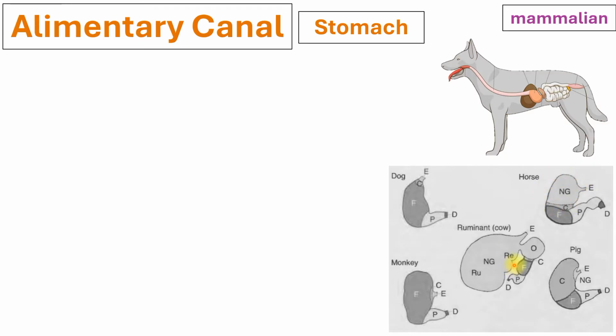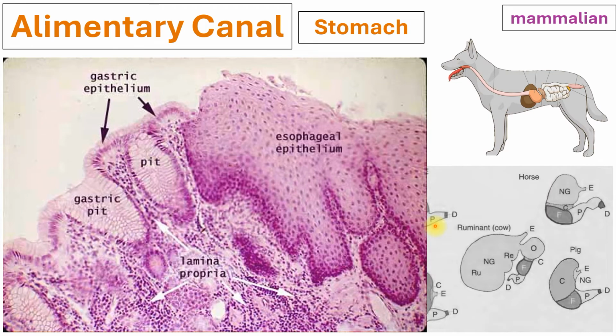In the ruminant, it's so extensive that the non-glandular area of the stomach would have further subdivisions. We will discuss that later. But for now, let's try to see the histological differences between the cardiac, fundic, and pyloric areas of the stomach. Okay? Here, we can see the junction between the esophagus to the cardiac area.